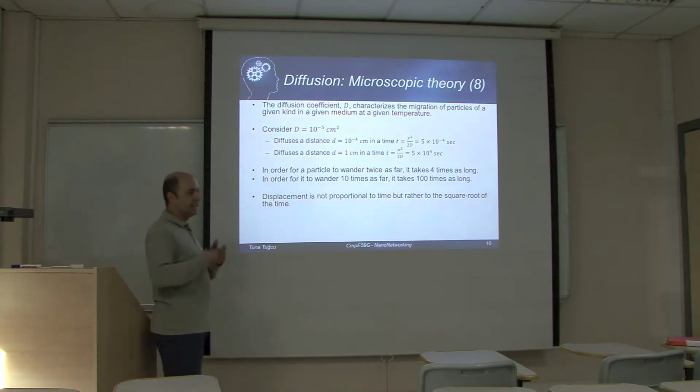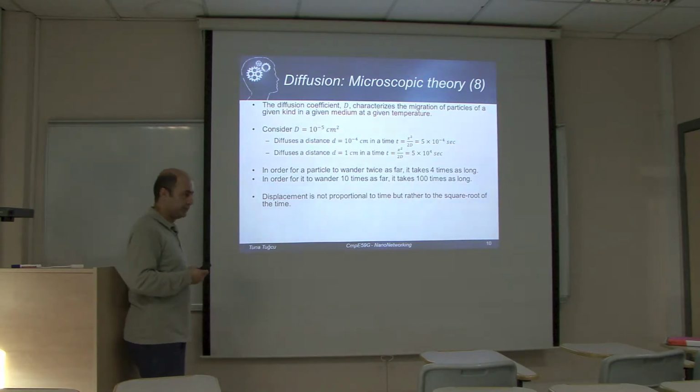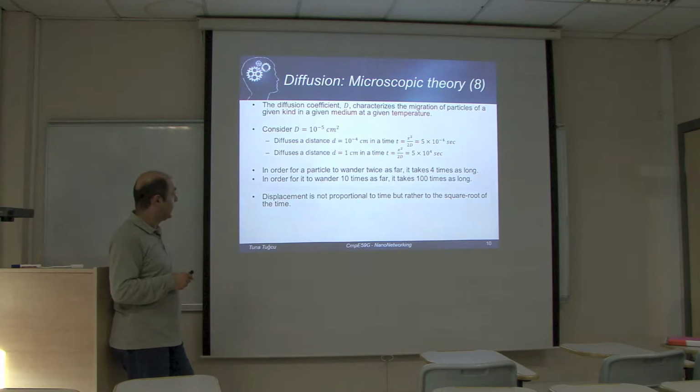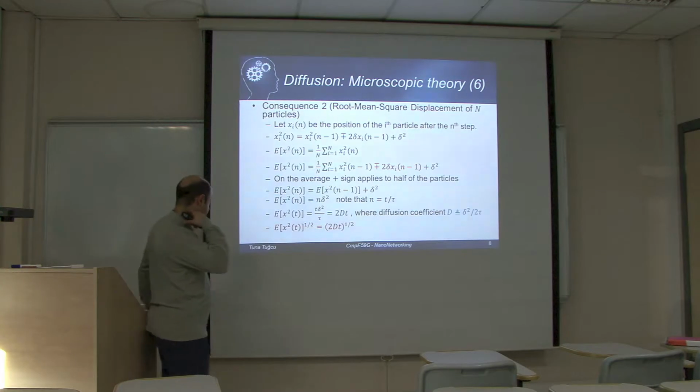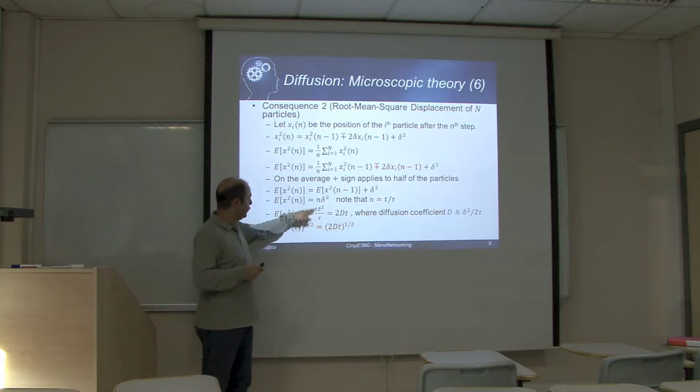So consider that D is 10 to the minus 5. This object diffuses to a distance of, let's say, 10 to the minus 4, in a time, what? x squared over 2D. Okay, where did this one come from? If you look at this side, it is x squared.